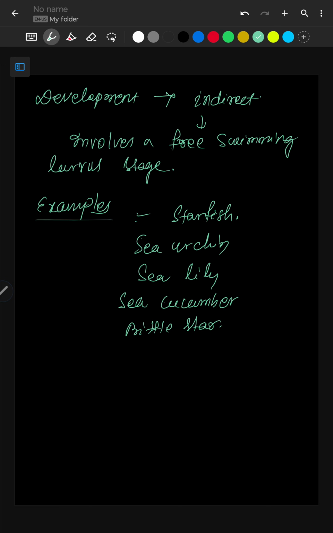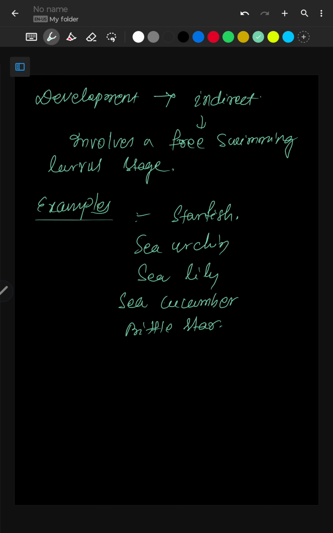So briefly, let me tell you what its specialized features are. They are marine, and calcareous endoskeletons are there, called ossicles. The adult has radial symmetry, the larva has bilateral symmetry.